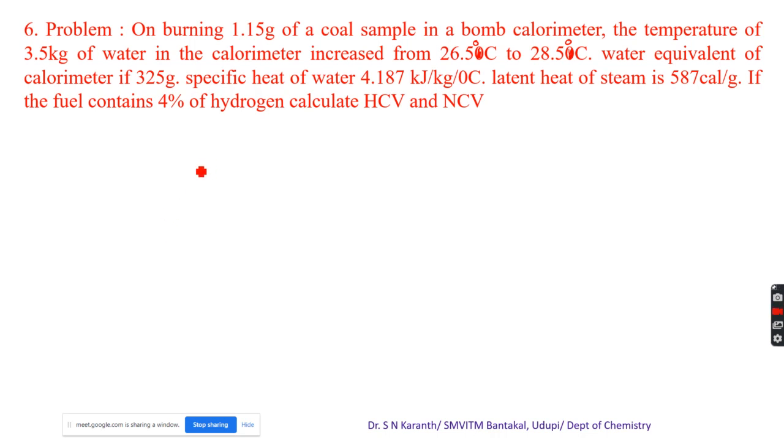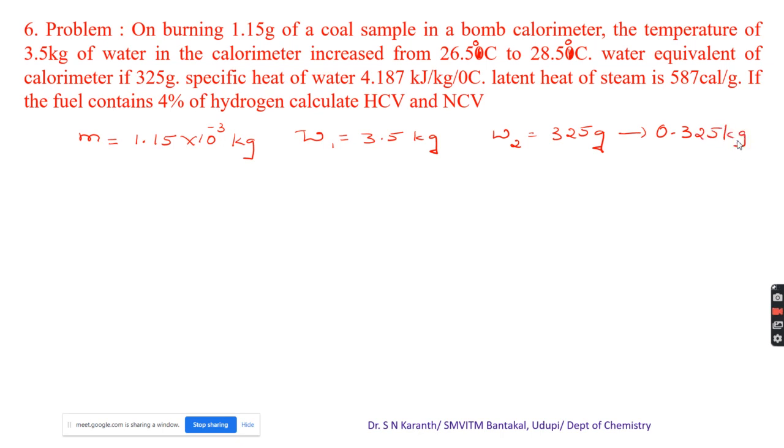Here, if you observe, the M value is in terms of gram, that is 1.15 × 10^-3 kg. W1 is 3.5 kg. W2 is 325 gram; to convert into kg, it becomes 0.325 kg. Now I'll take HCV first.